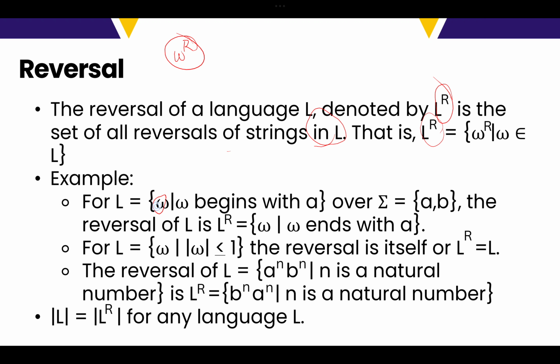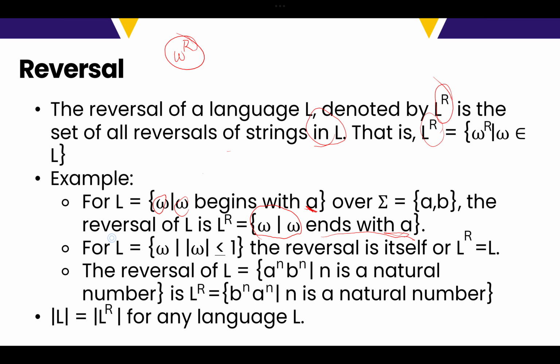So, example. L equals omega such that omega begins with A. So, ang reversal ana niya, kung nag-una ang A, inig-reverse ana nagwahi na siya. So, omega such that omega ends with A. Mao na dayon na iyang reversal.